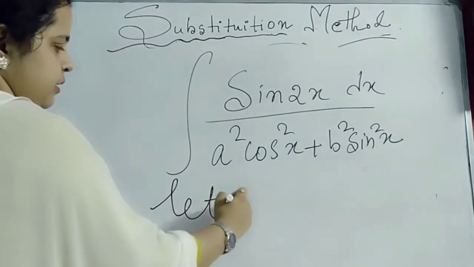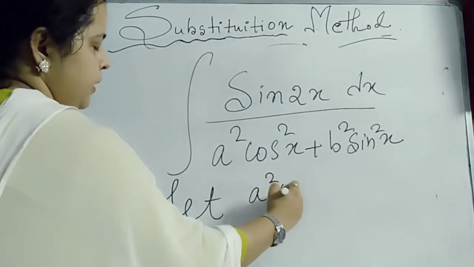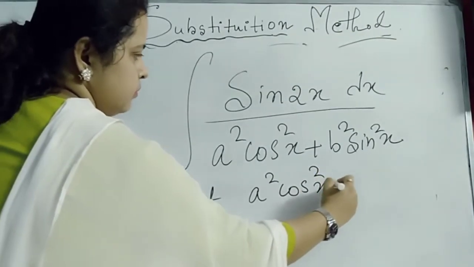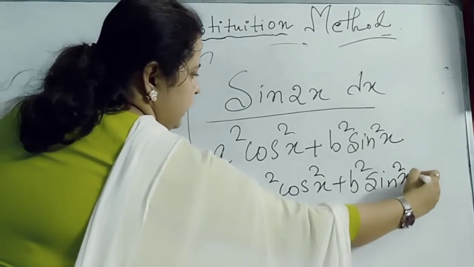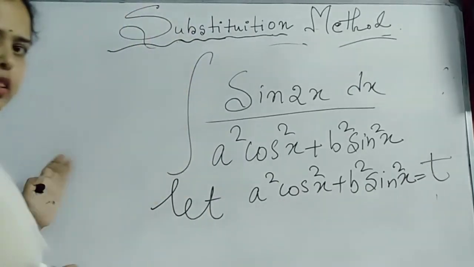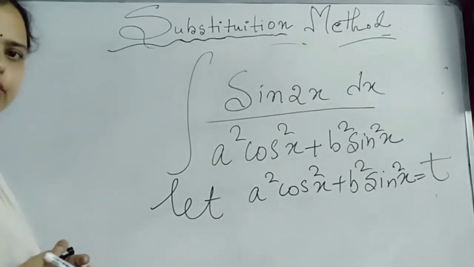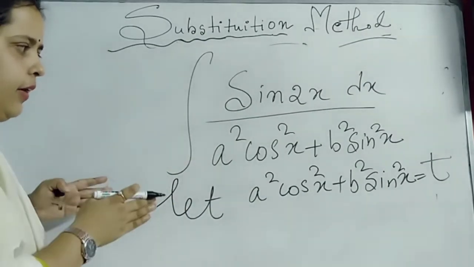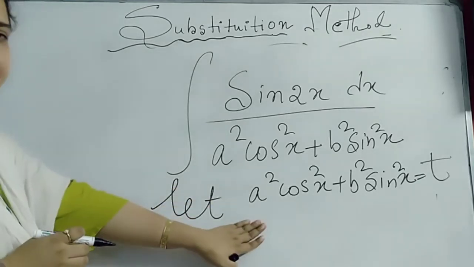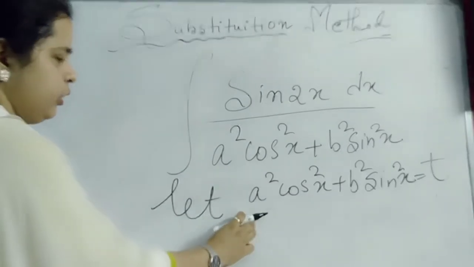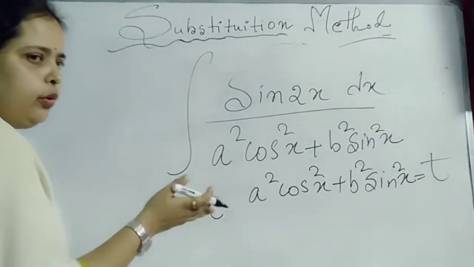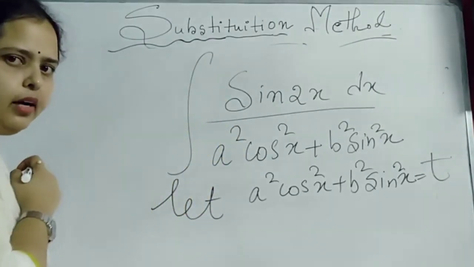Let us take the denominator as t. Now you are going to find out the derivative of the denominator. Tell me what it is. It is going to become what? Are you going to get something out of the numerator also?